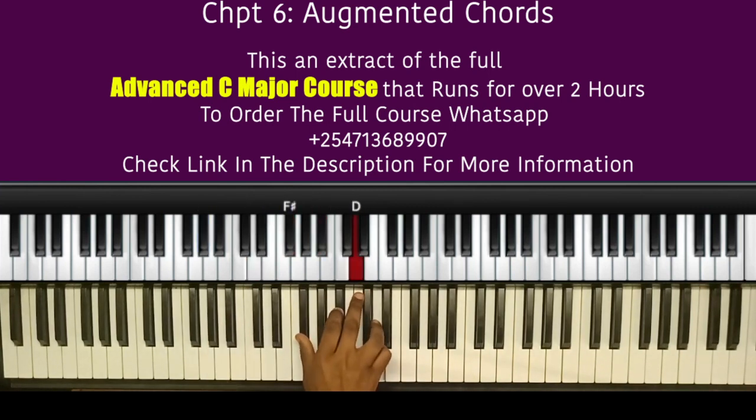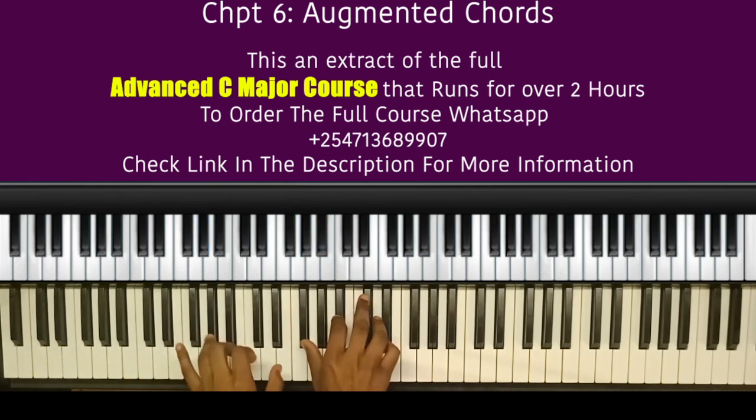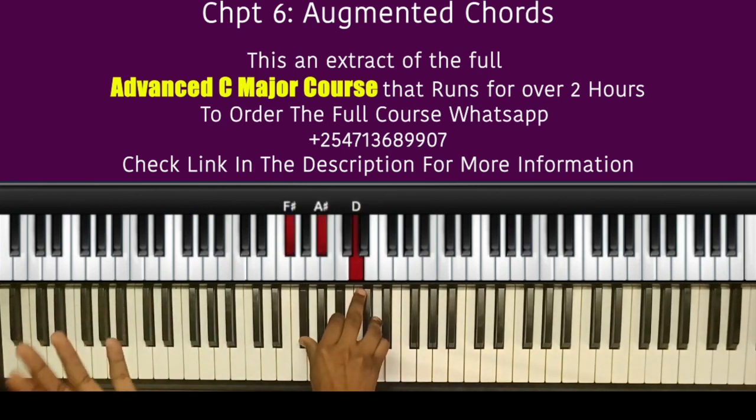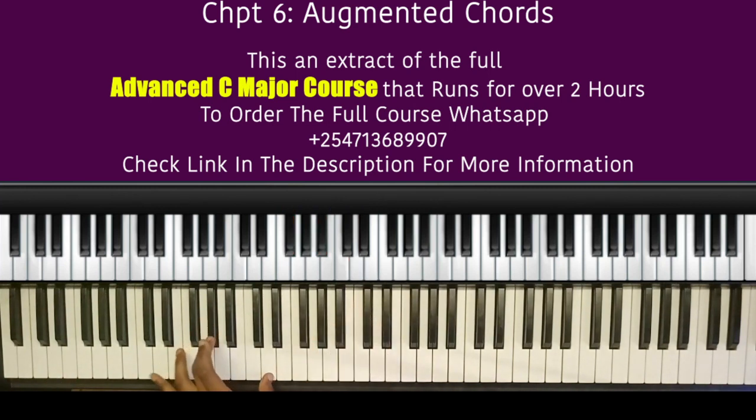Yeah, you could just play the bass line, the G sharp, on your left hand, then this augmented chord on your right hand, F sharp, B flat, and D. Or maybe you could play a tritone on your left hand, something of this sort. So you could have G sharp and D. Okay?